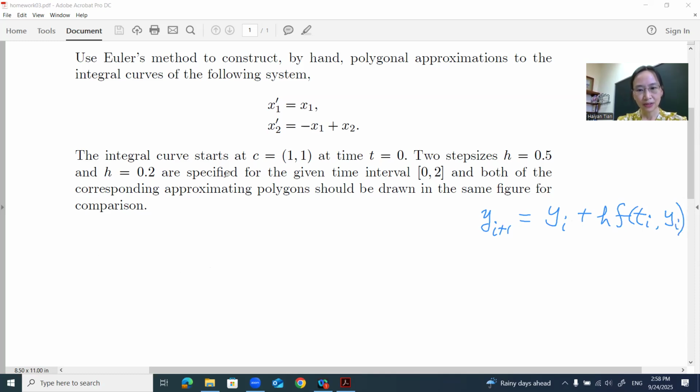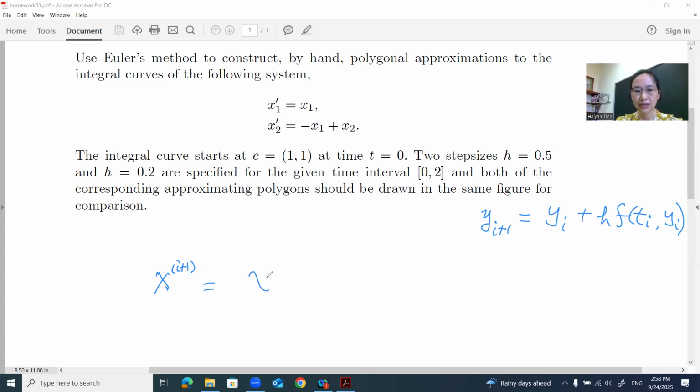So for the current problem, our notation for y is the x vector. So let's say the x vector, and the notation for the solution at the next time is denoted with the superscript i plus 1.